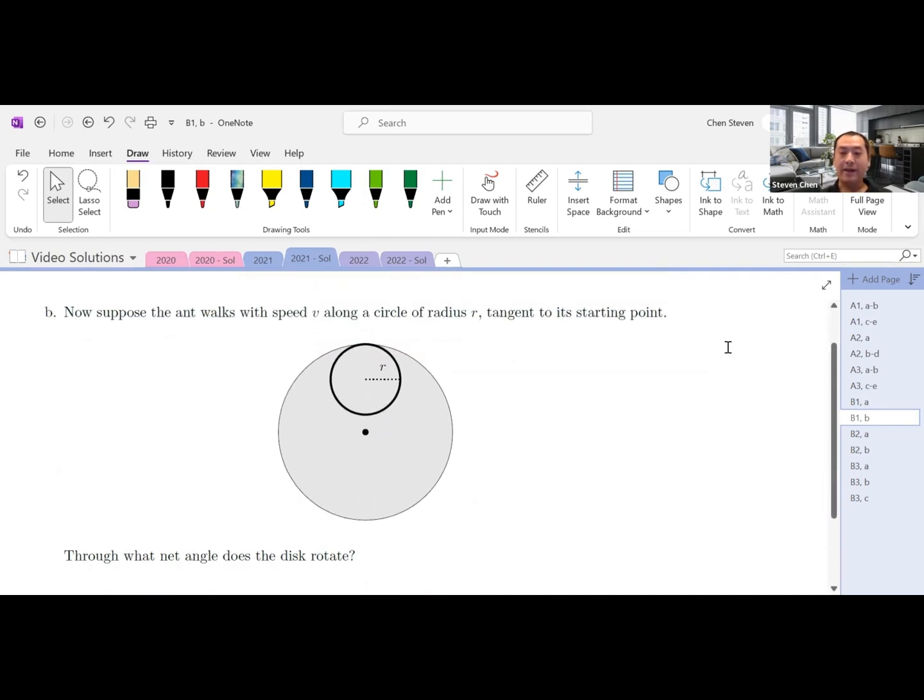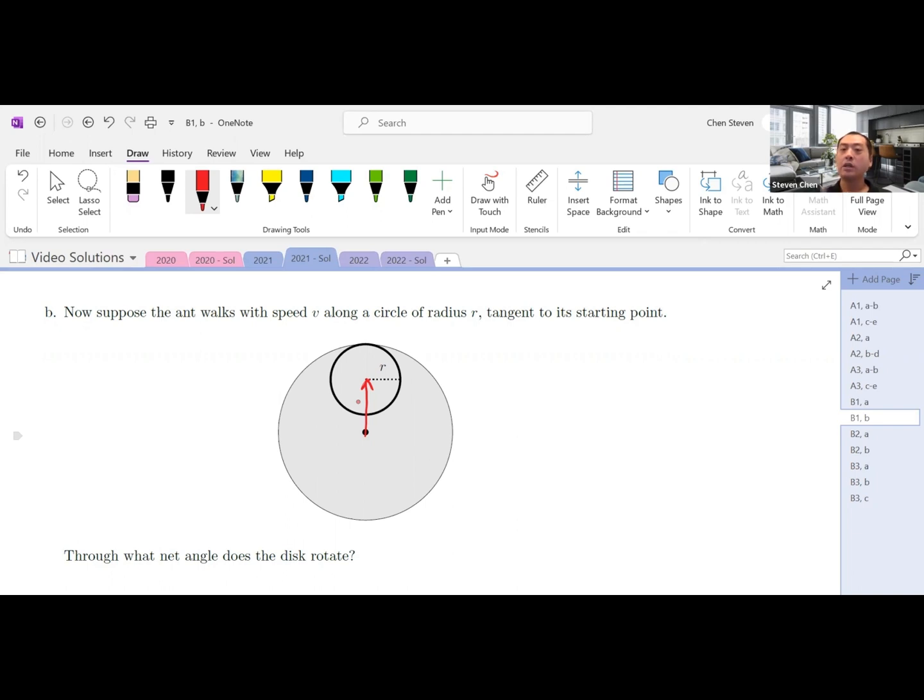So probably the best way to characterize the position of the ant is to use the sum of two displacement vectors. One is here: the displacement from the center of the disk to the center of the ant's trajectory, right?